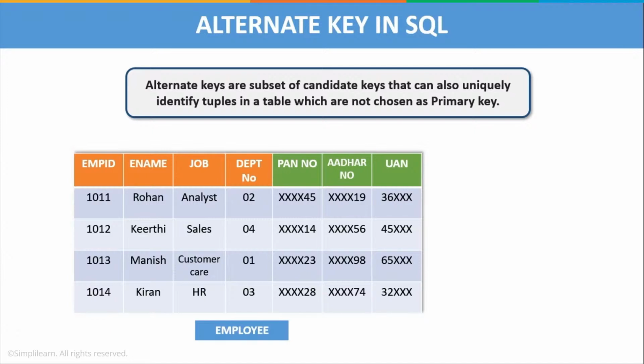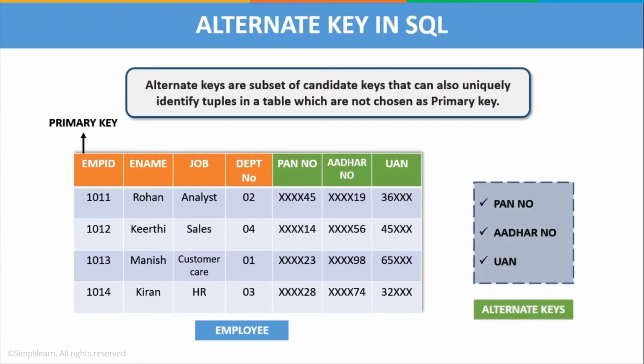Now, if you look at the table, the columns that can uniquely identify each and every record are basically employee ID, PAN number, Aadhaar number and UAN number. Since we have taken the employee ID as the primary key, the rest of the columns that are not chosen as the primary key are considered to be alternate keys. So in this case, we can take the PAN number, Aadhaar number and UAN number as our alternate keys.